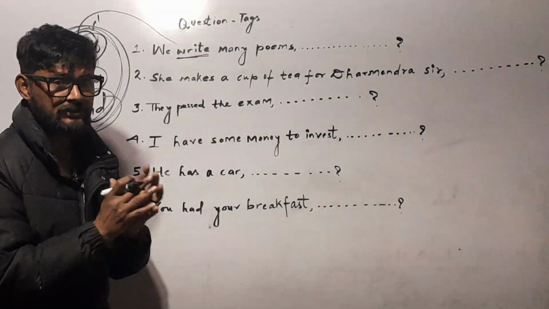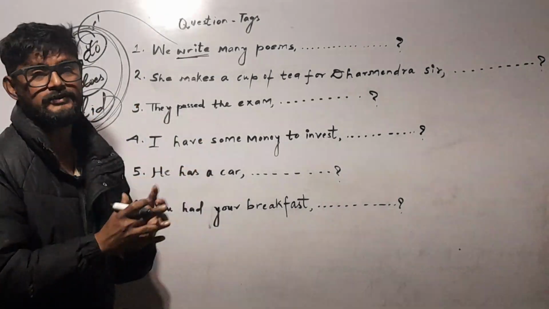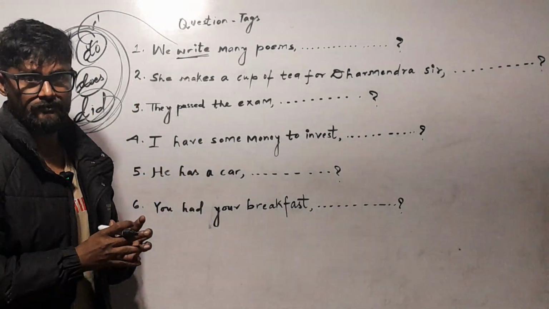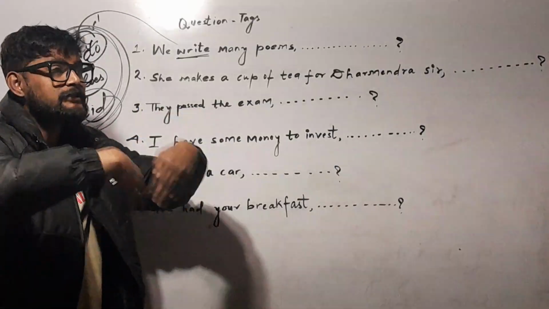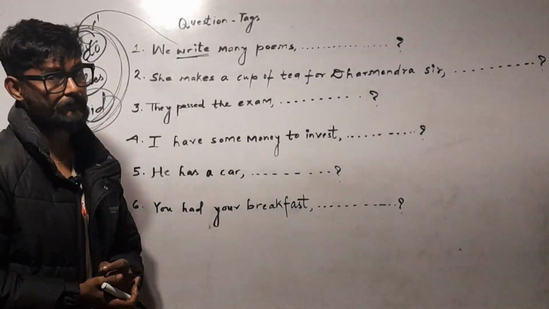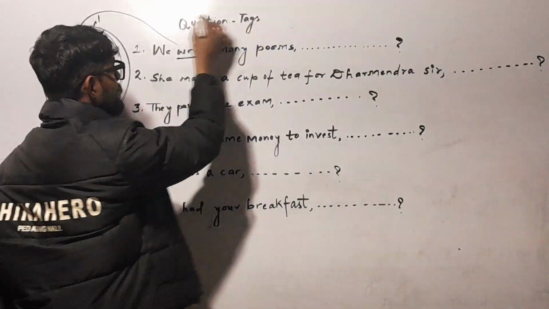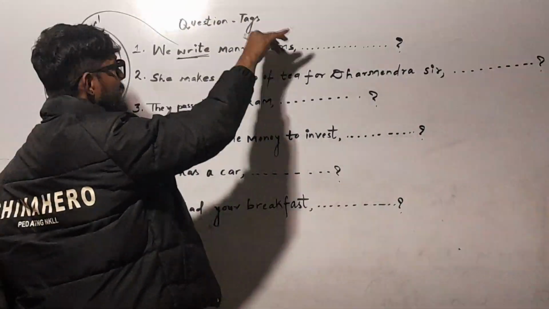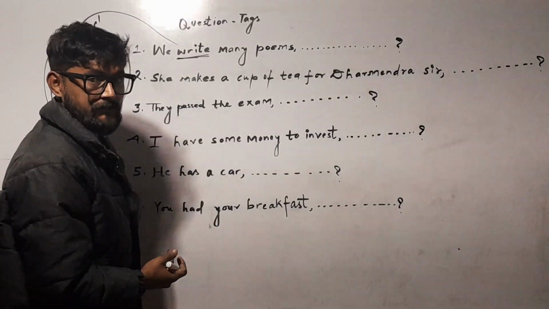If the statements are positive, there must be the tag in negative. If the statements are negative, there must be the tag in positive beyond questions. Remember, please. So here, this statement is positive and there must be the tag in negative.